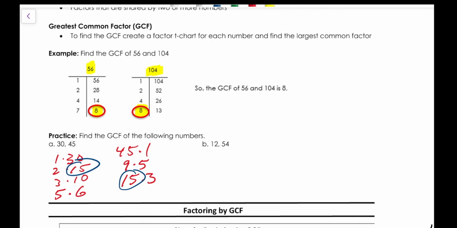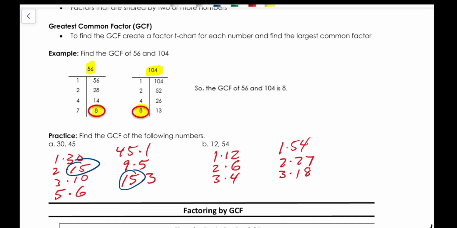12 and 54. So 1 times 12, 2 times 6, 3 times 4, and that's about it. 54, 1 times 54. 2 will go into 54 evenly, won't it? 54 divided by 2 is 27. 3 goes into 54, I'm sure. 54 divided by 3 is 18. 4?